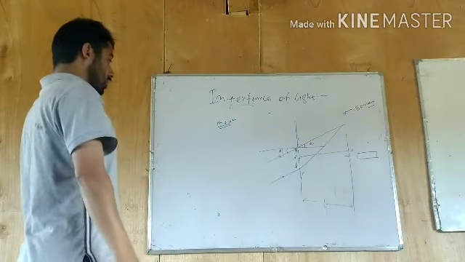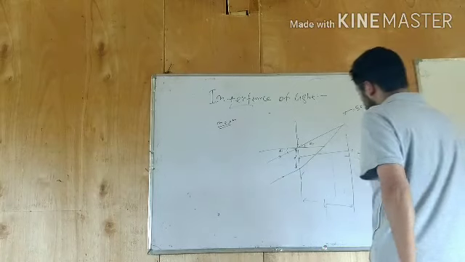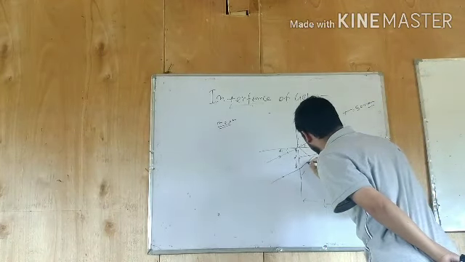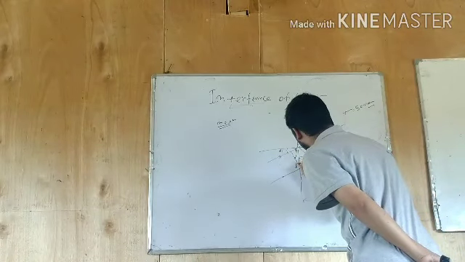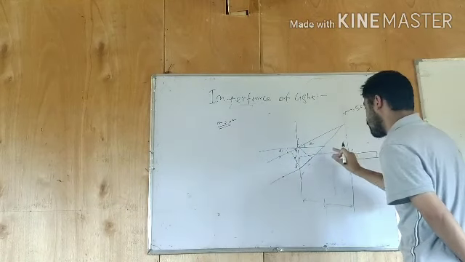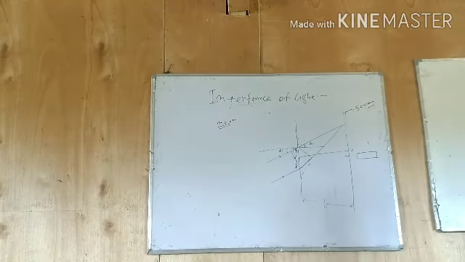So it looks like a very simple and straightforward problem, but I need to confirm here. If I draw the perpendicular here, this will give me the path difference from here to there. But if I draw the perpendicular here, this is the path difference as I usually take in the double-slit experiment, but I need to take into account this path difference here also.